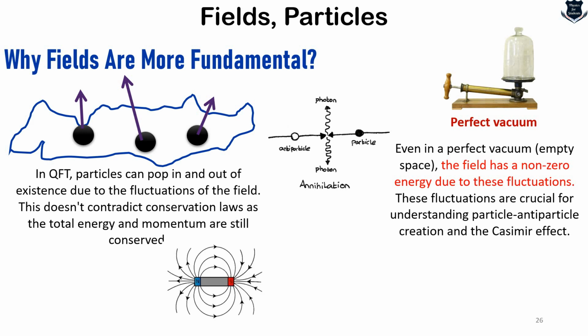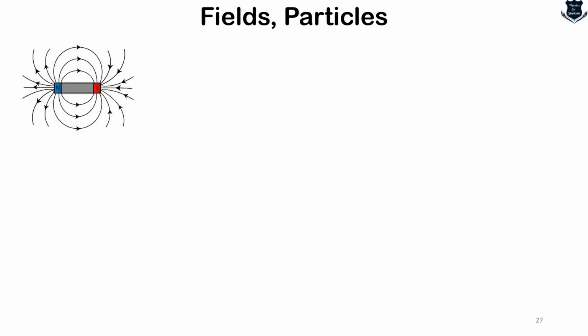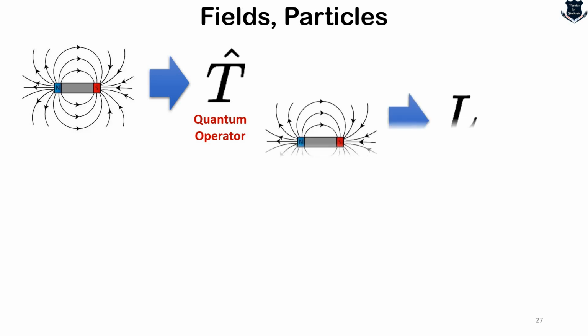And most importantly, field theory goes very well with the special theory of relativity. As we will see, when the special theory of relativity is merged with quantum field theory, the symmetries are quite well maintained. So when we move from the physics into the mathematics part, what we see is that the fields are now taken as quantum operators.